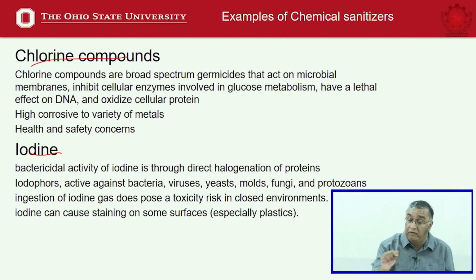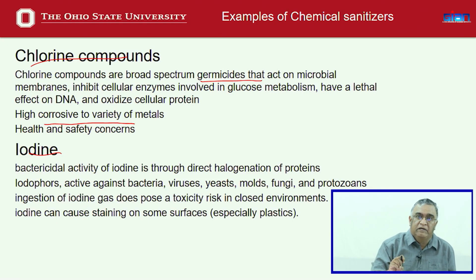For example, while chlorine compounds are very good germicides and can quite effectively inactivate microorganisms, they are very corrosive to metals. You are trying to clean your food processing plant surfaces, and if chlorine pits or corrodes your surface, your equipment life is going to decrease, and your equipment is very expensive.